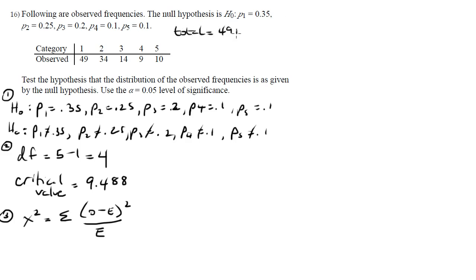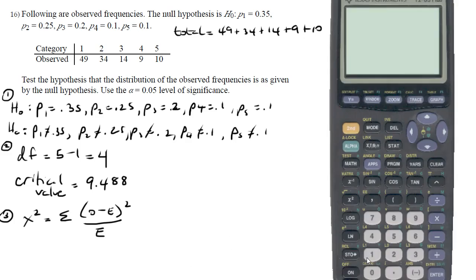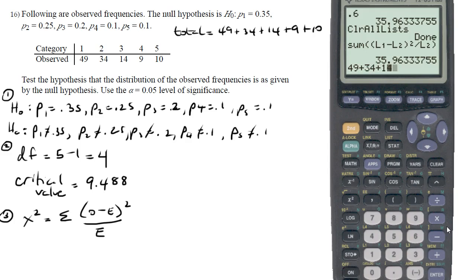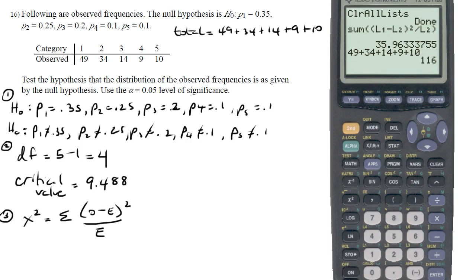is 49 plus 34 plus 14 plus 9 plus 10. Let's sum those. That's 116.